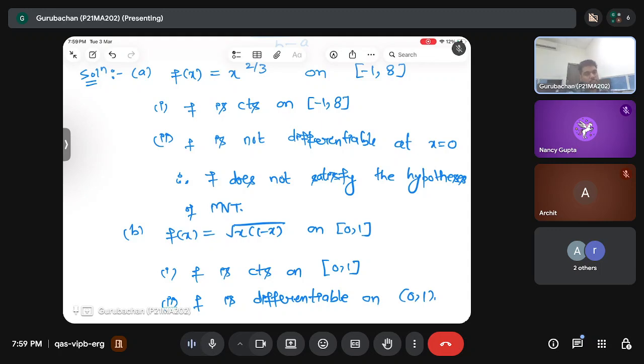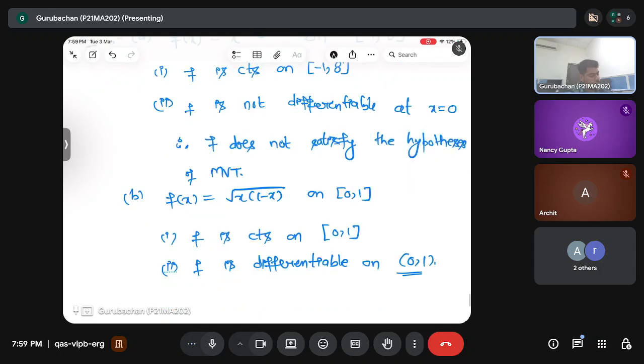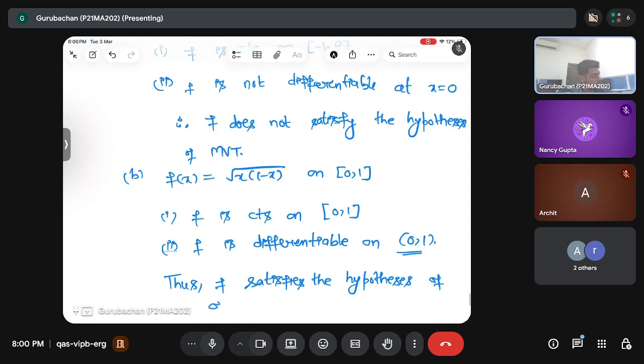Both are excluded from this interval, so there will be no issue. So thus f satisfies the hypothesis of mean value theorem. Is it clear?